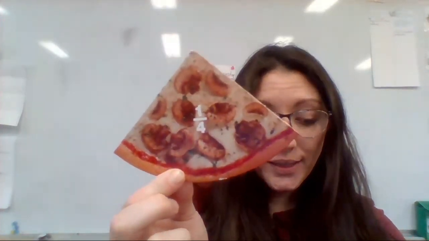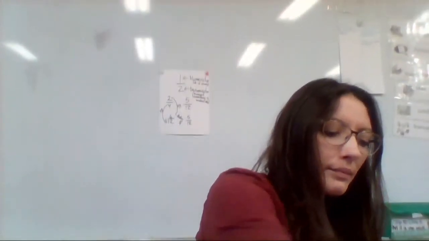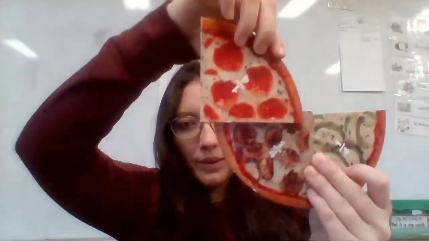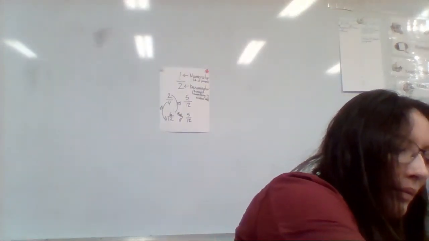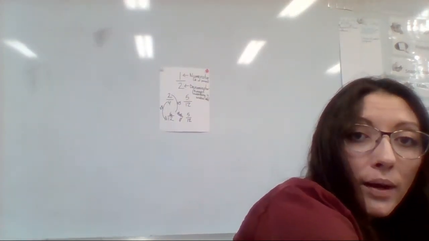Well, we look at the denominator, we can say it takes 4 pieces to make the whole pizza. Here's 2 pieces. Let's put this way, 3 pieces, and the last one will make our whole. Let me try to hold this up the best I can.